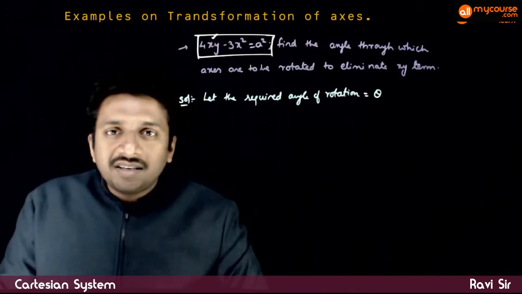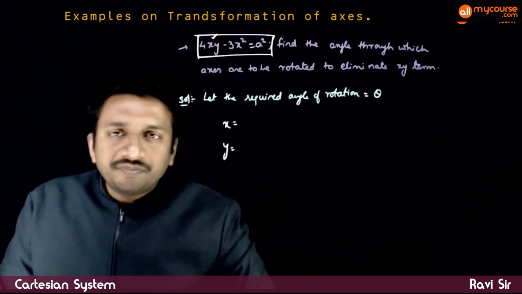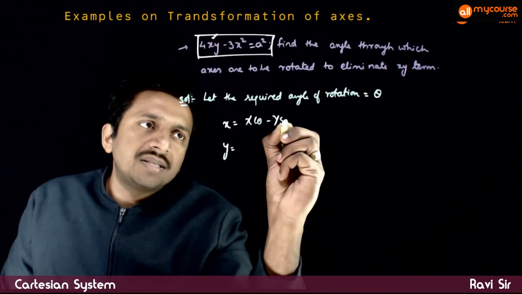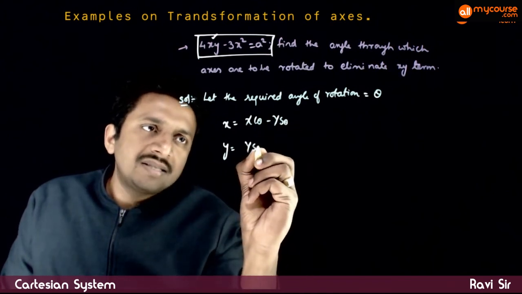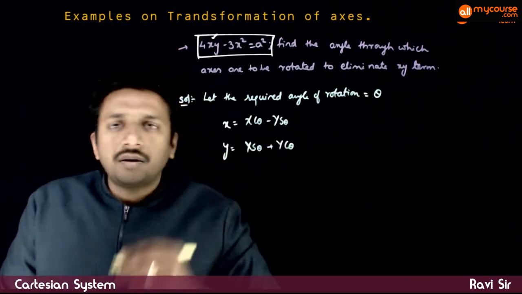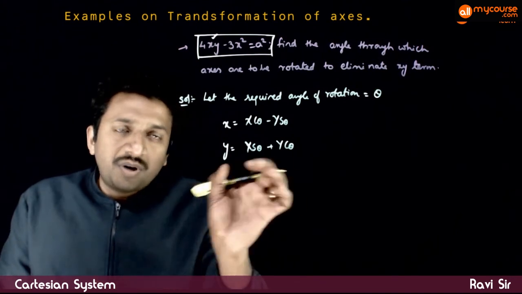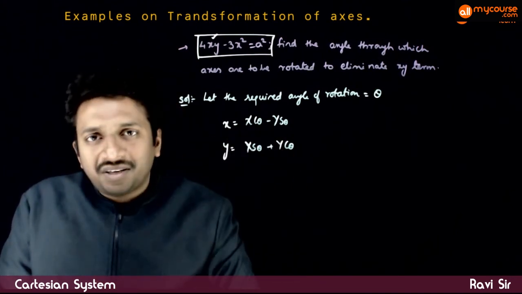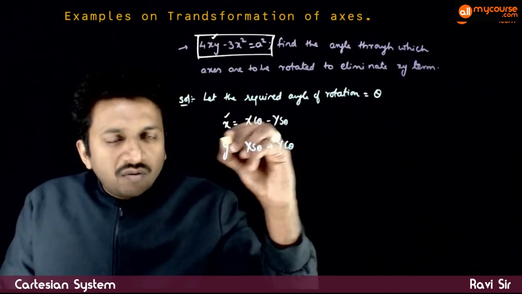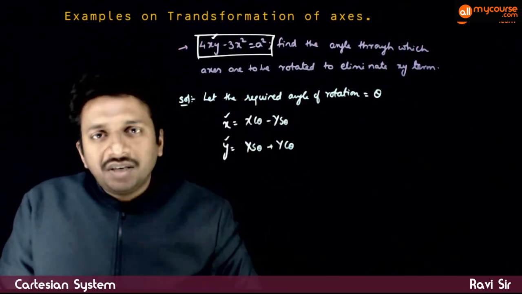If the angle is theta, we know that small x, small y is equal to capital X cos theta minus capital Y sin theta, and capital X sin theta plus capital Y cos theta. So this is the transformation corresponding to a rotation of theta. If you want the new equation, you just need to substitute the terms containing capital X and capital Y.